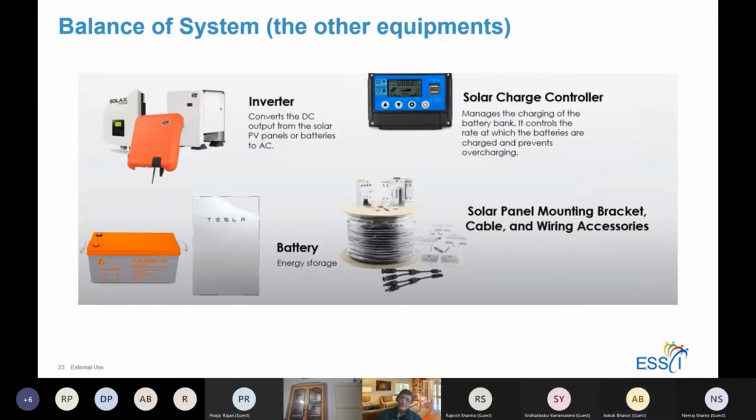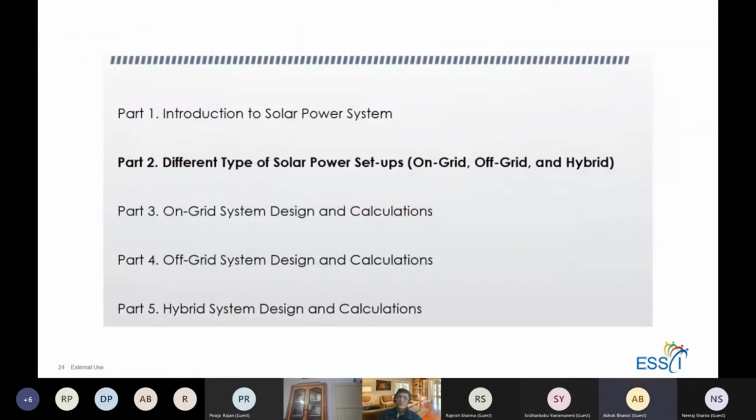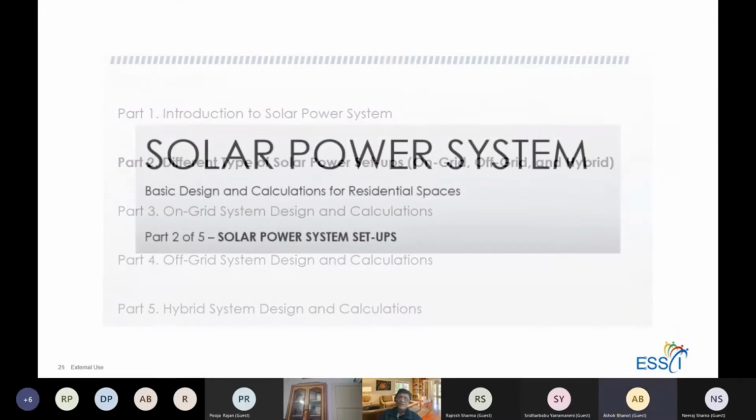You have a whole lot of little components that complete the balance of system. You have your distribution boards, circuit breakers, surge protectors, overcharge protection devices. So we will have to look at this entire gamut, and we'll be covering that in the next few minutes.